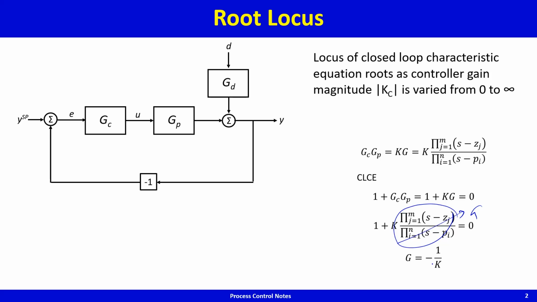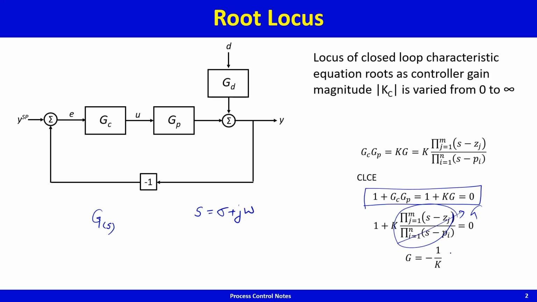So now we have to think this through a little bit. g is a function of s. s in general is a complex variable. It can be any complex variable. Those special values of s that satisfy the closed loop characteristic equation are the roots of the closed loop characteristic equation.